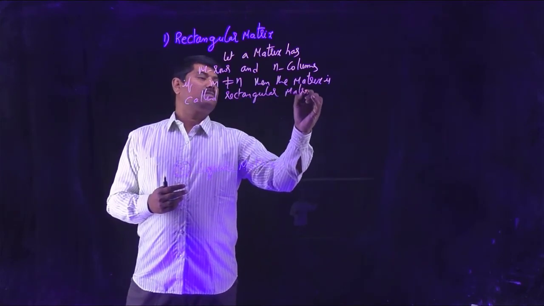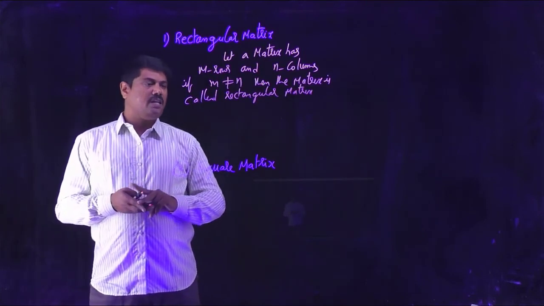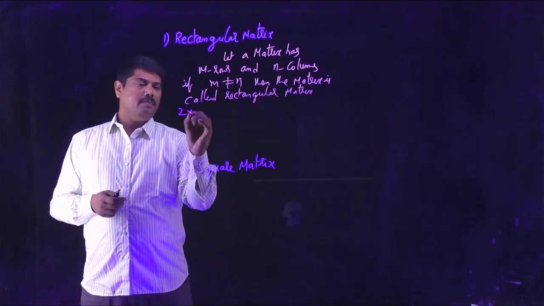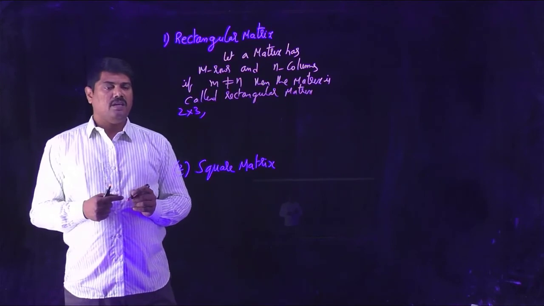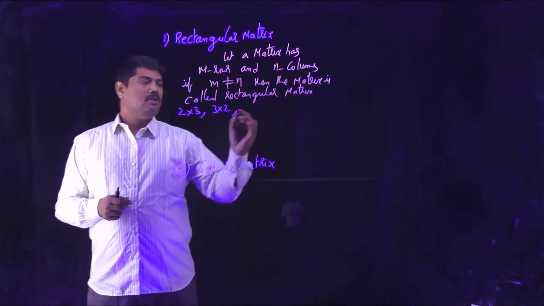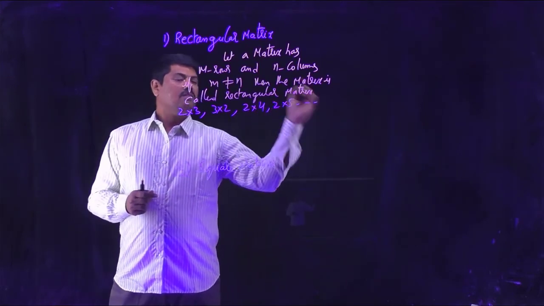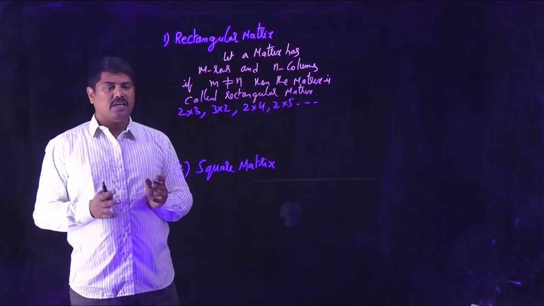Generally, we see some orders of a rectangular matrix. A 2 by 3 matrix is an example of a rectangular matrix. 3 by 2 is another example, 2 by 4 and 2 by 5. These are examples of rectangular matrices.